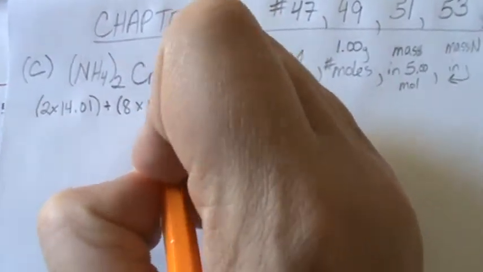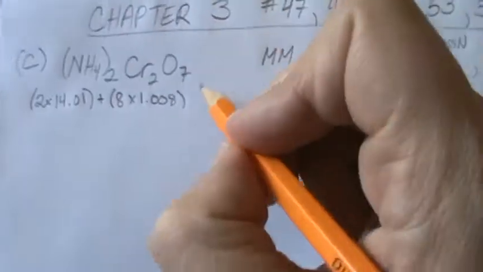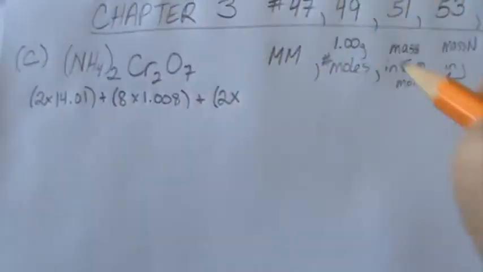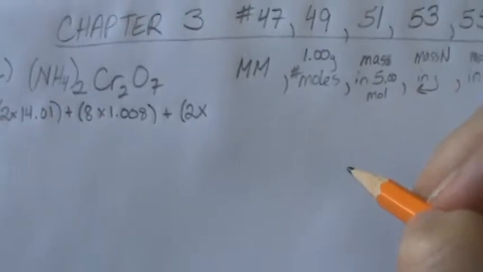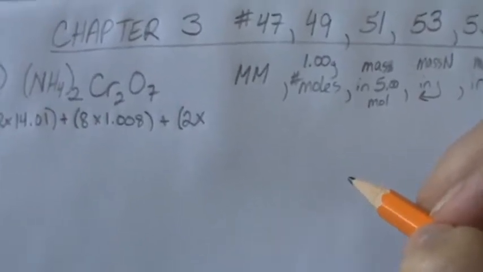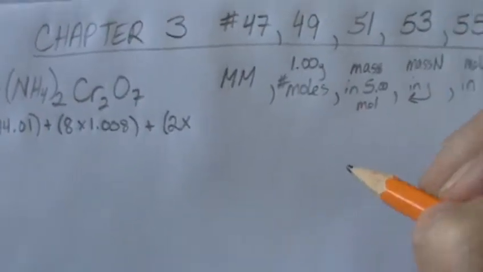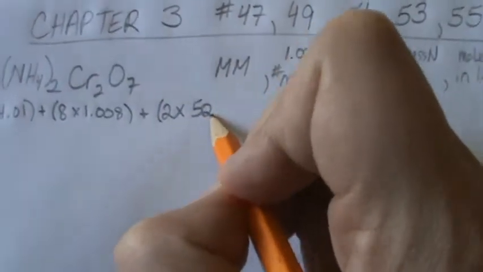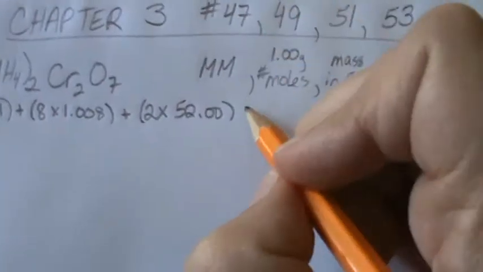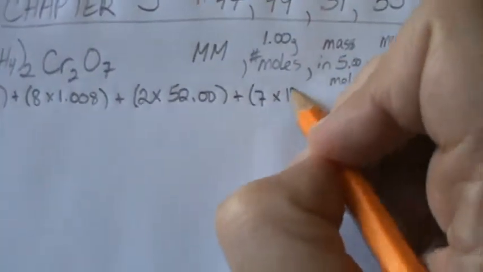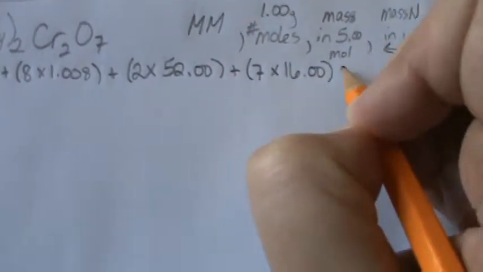plus 8 hydrogens, so 8 times 1.008, and we have 2 chromiums, and chromium, Cr, is 52, and 7 oxygens, and that one is 16.00.